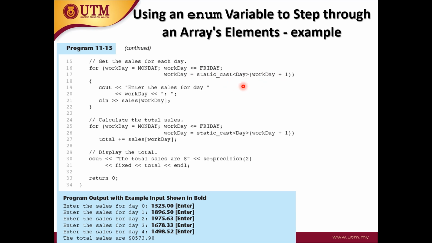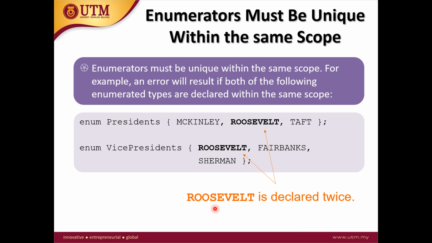We do that as a loop, and then we print out the workday. The workday starts from Monday, then we get the sales of that working day, calculate the total, and display the total in fixed point notation. The output of the program is going to be like this.